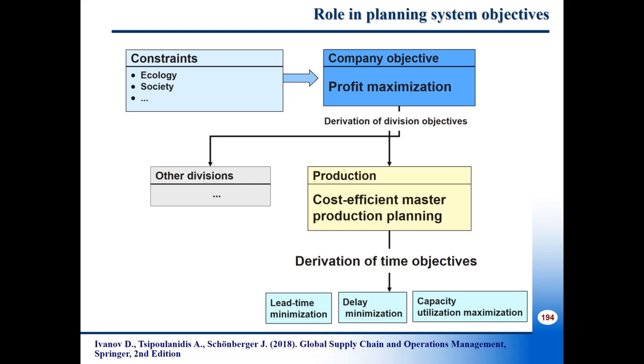From master production planning that consists of MPS or master production schedule and MRP or material requirements planning, and MRP2, that is manufacturing resource planning, the company objective is translated into time objectives that consist of lead time minimization, delay minimization, and capacity utilization maximization. The task of the production scheduler is to find a trade-off across those 3 time objectives.